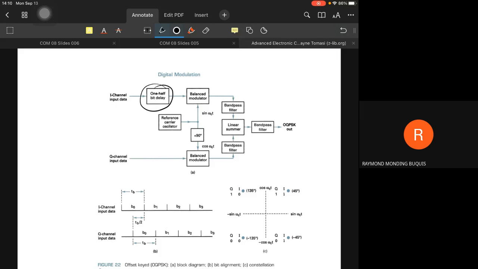Weird. Anyway, the choice of which to delay is arbitrary, whether I or Q.